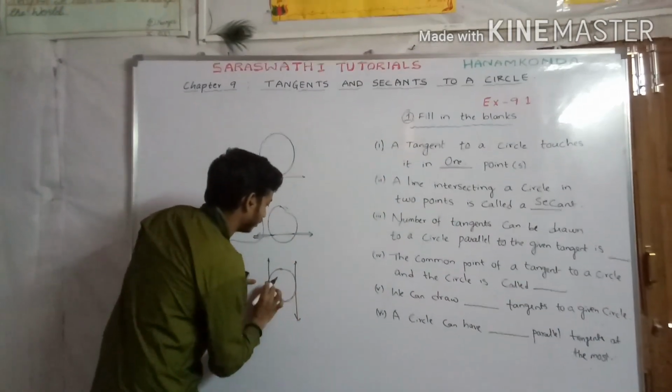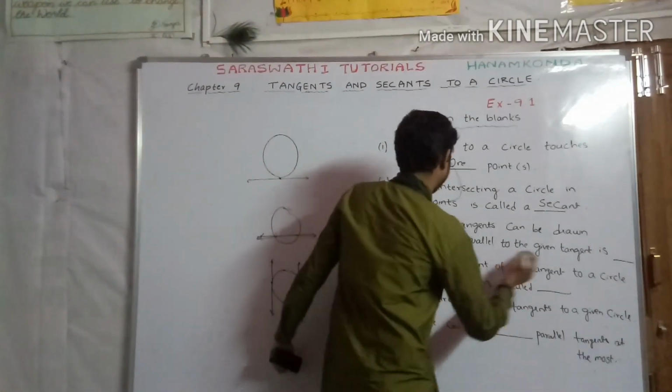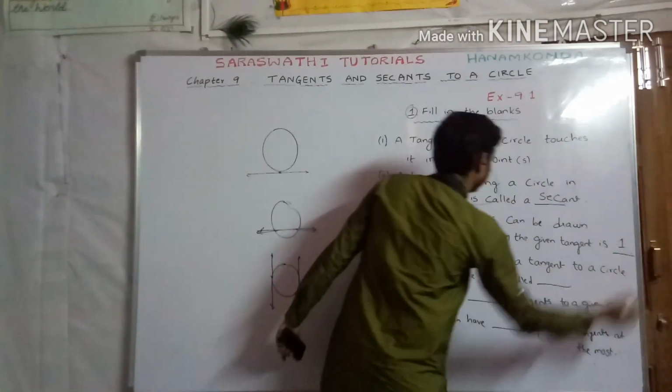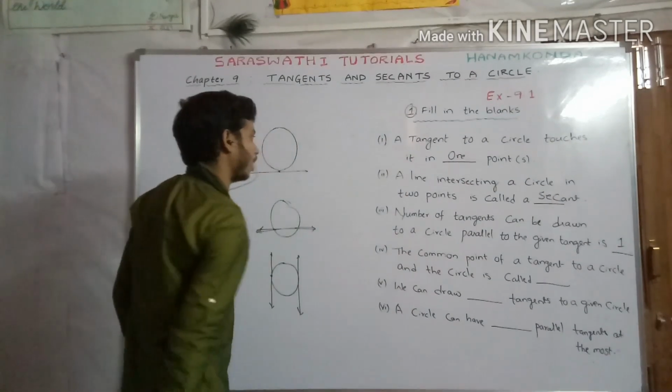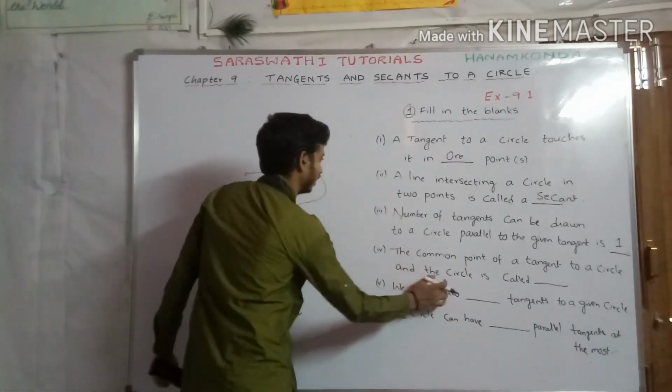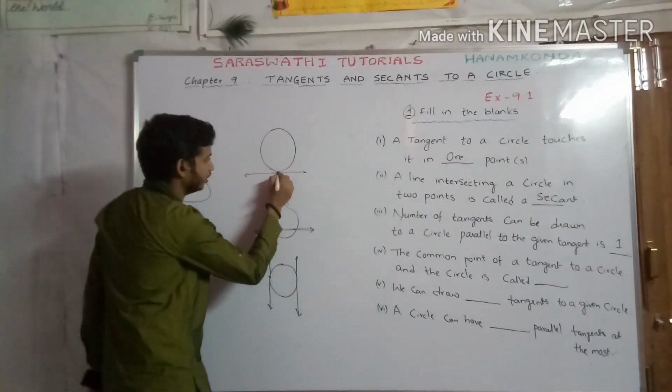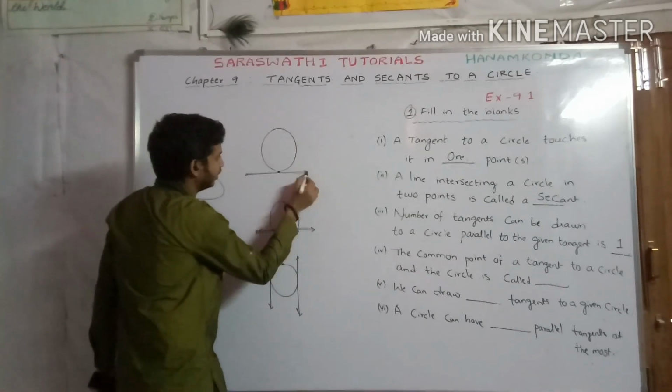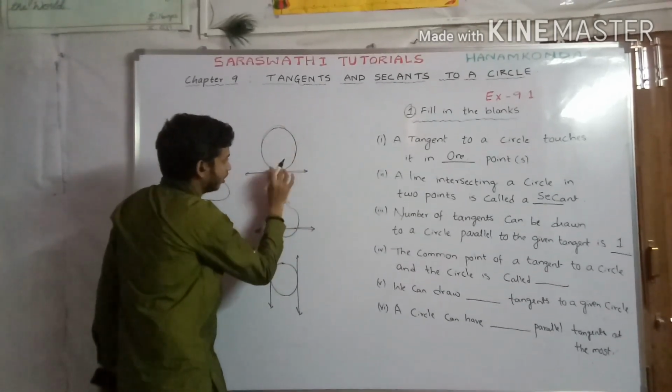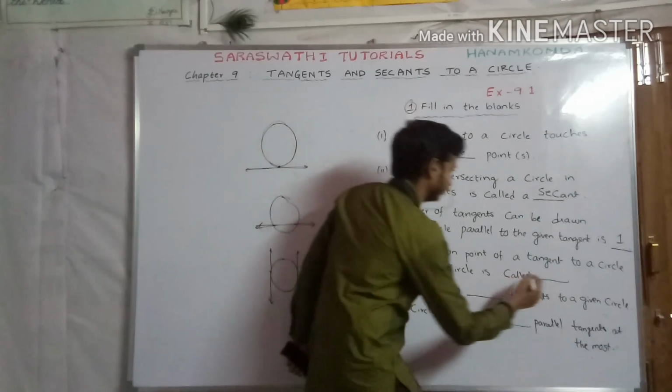We can draw only one tangent. Next, the common point of the tangent to a circle and the circle is called the point of contact.